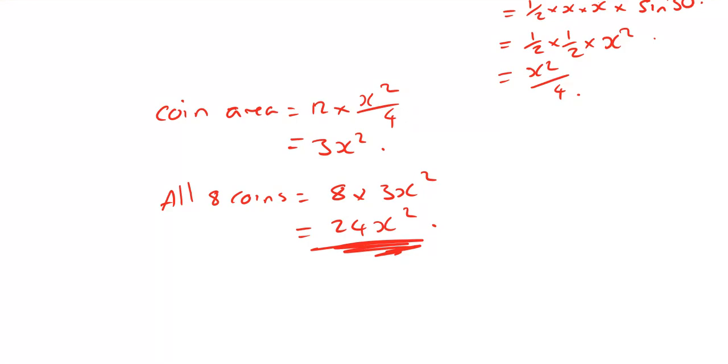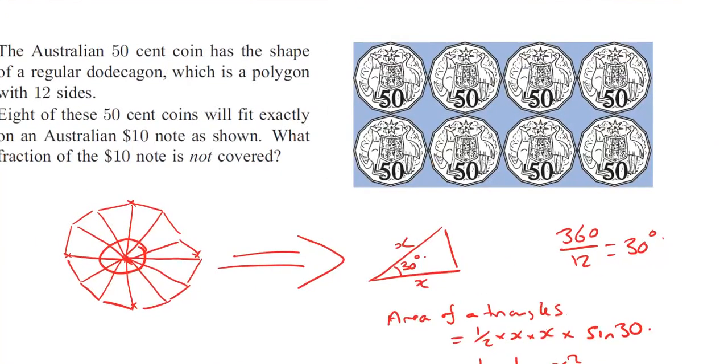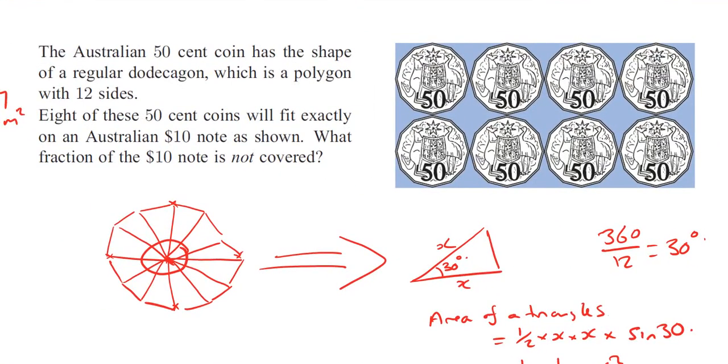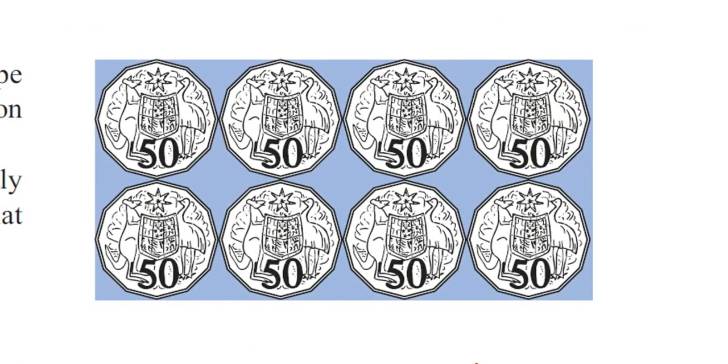Now, let's see if we can go back and look at the note again and work out the area of the note, and then we might be able to find the fraction which is not covered. If we focus in on one of these coins, we have thought about these as individual triangles, and we have designated that x is the length of a triangle. If they have got 12 sides, then all the way across one of these coins is going to be 2x.